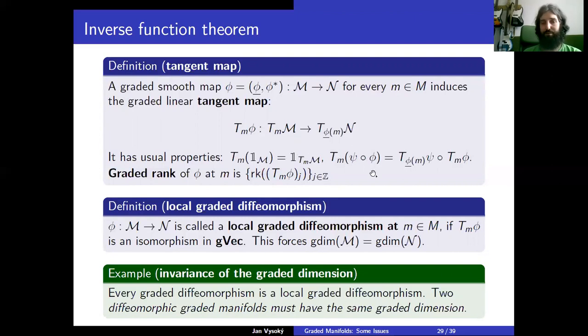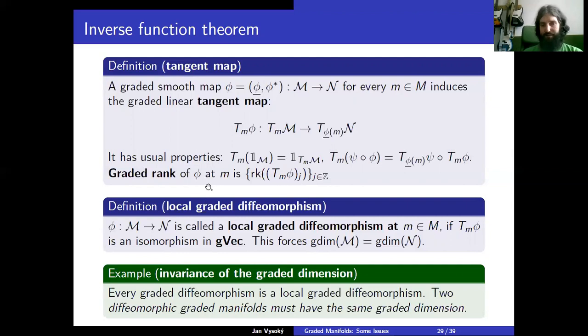Tangent map to a composition of two maps is a composition of two tangent maps. Therefore, I can define the rank of my graded smooth map at some point to be the rank of this graded linear map. It's a graded rank because it's a collection of these linear maps, and each of them has a rank. Altogether, this gives me a sequence of non-negative integers, which is called the graded rank of my map at phi.